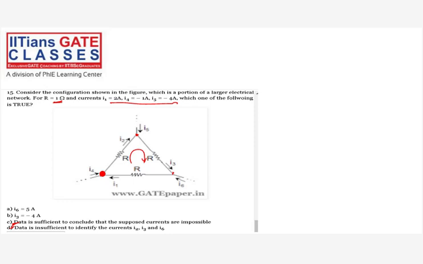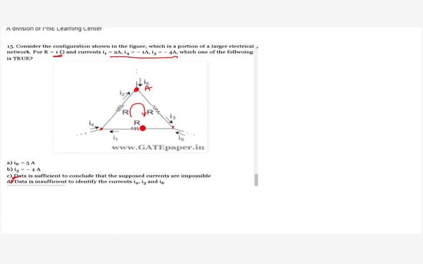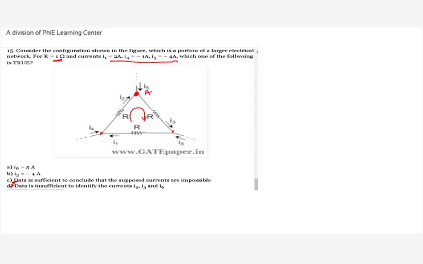If I start from this point, let me call it A. If I'm starting from A, I need to get back to A. So what will it be starting from A?